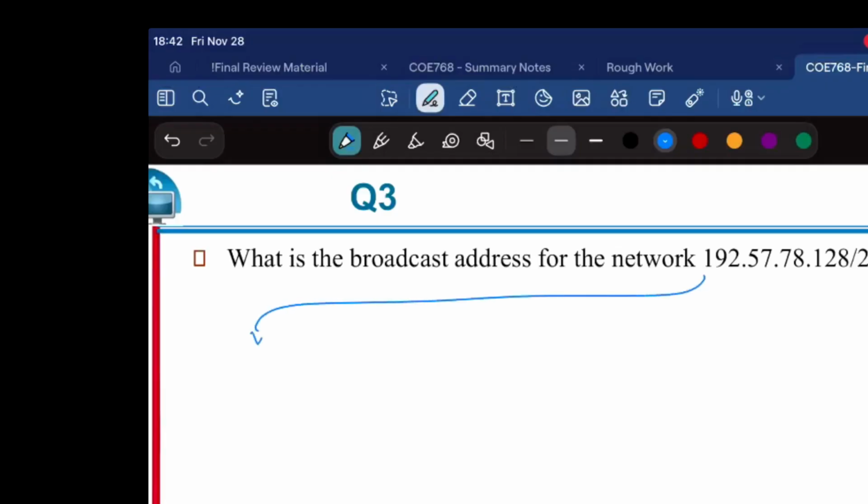Since this is /27, that is the network portion of the IP address, and when we do 32 minus 27, we get 5. Since 5 bits would still be assigned in this last octet, we don't need to convert everything into binary, just what is required, which is the 128. So we can leave the 192.57.78 and then just convert the 128 into binary, which is 1 and then all zeros.